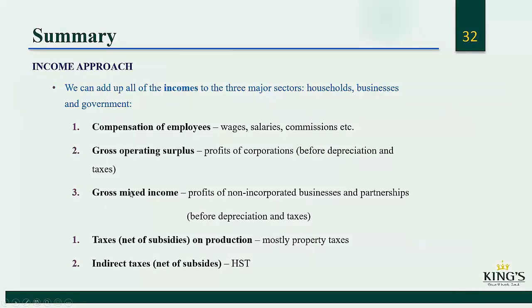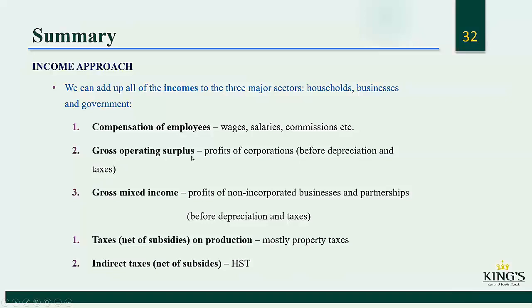Okay. And again, this is for your notes. This is the income approach. Actually, we'll just go over a little bit of these because we didn't really see these details here. So again, the main components of the income approach are compensation of employees. That's the wages part, right? And this is all going to be gross. And then for corporations, we want their profit, right? And we look at their gross operating surplus.